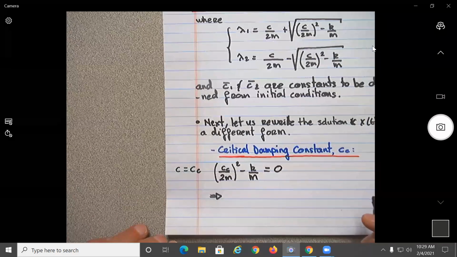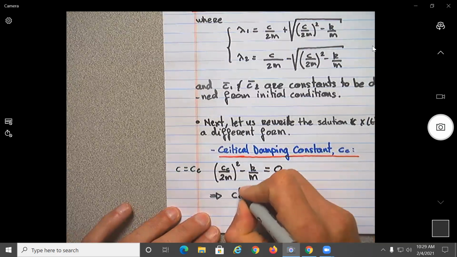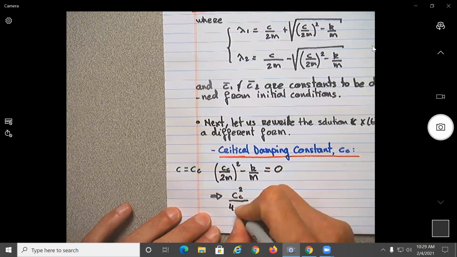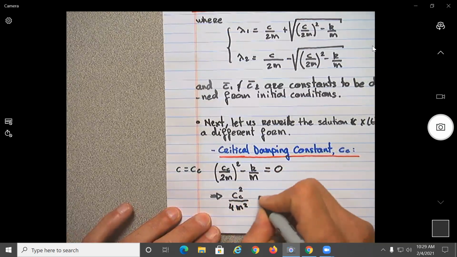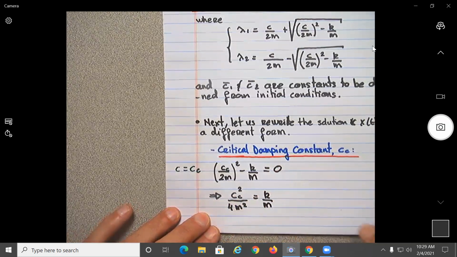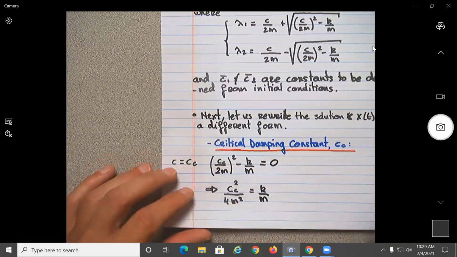What are we going to get? Let's solve it: C sub C squared over 4m squared equal to K over m.